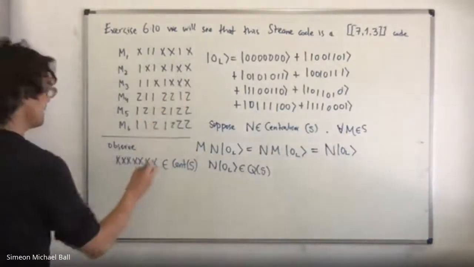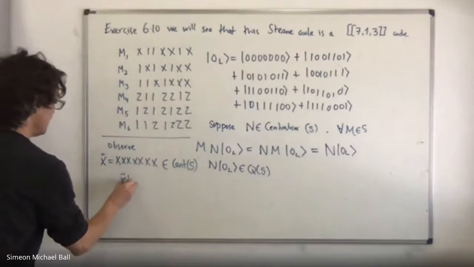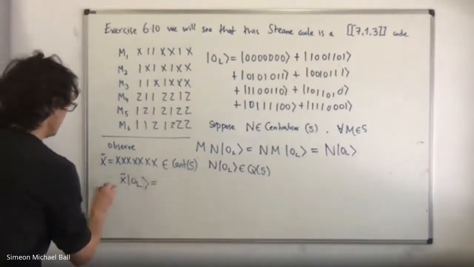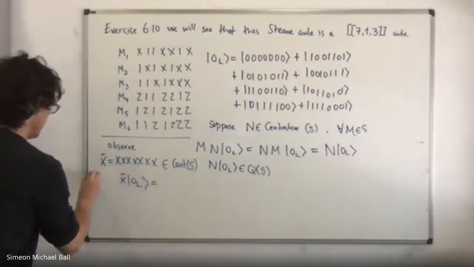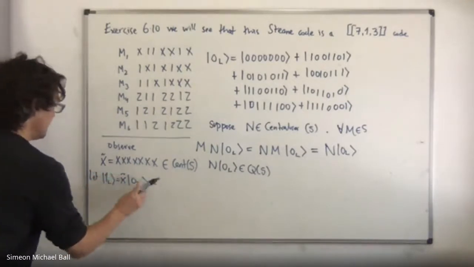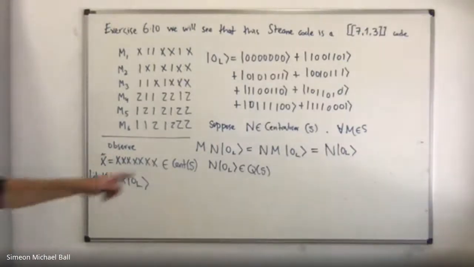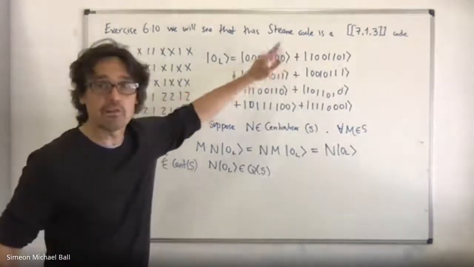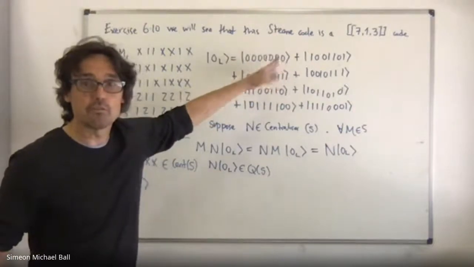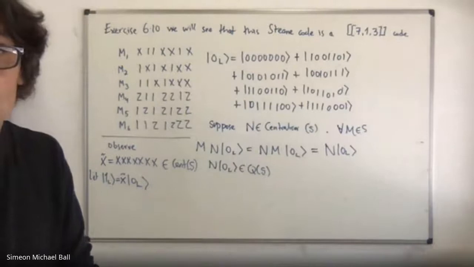So let's call this x tilde. x tilde of 0 logical, I'm going to define as 1 logical, which is x of 0 logical, which effectively interchanges all the zeros and 1s here. And that gives us a different vector in our QS.